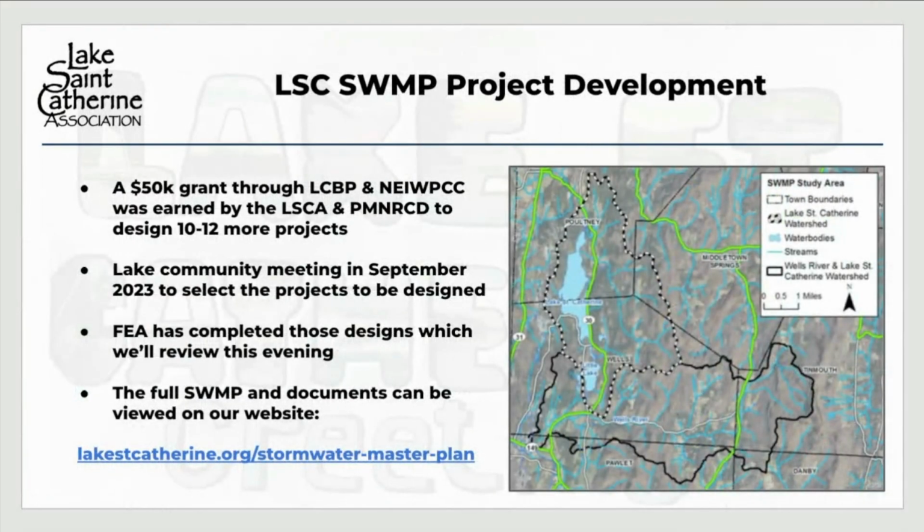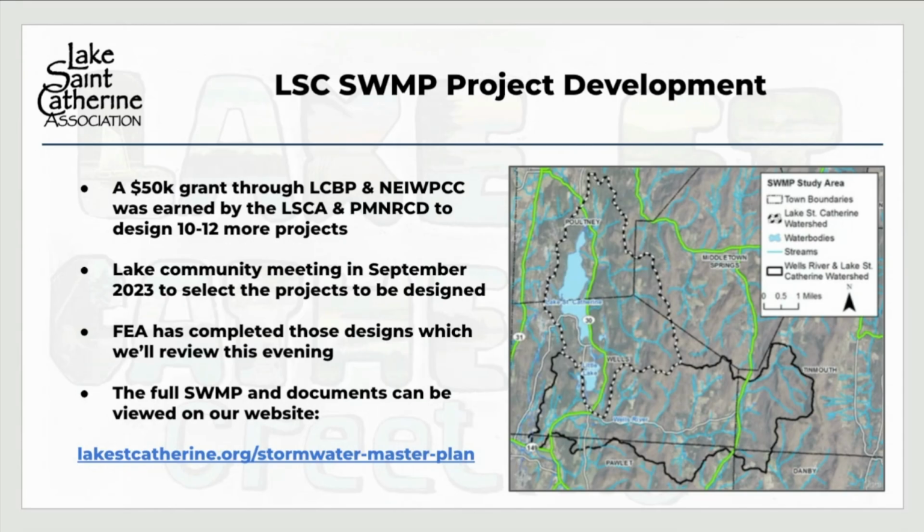So there's that $50,000 grant that the Lake St. Catherine Association and Poultney Mettowee worked on a couple of years ago. We did have a lake community meeting back in September of 2023. At that time, we looked at the projects that were still part of the Stormwater Master Plan, and the next set were picked by the community.